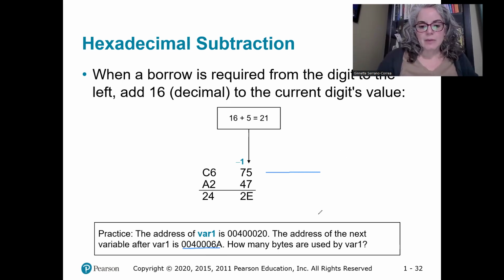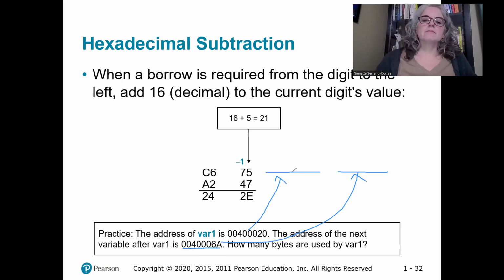So here's what we're going to do. This is the second space. This is the first one. So let's imagine in memory that this is how it looks. So var1 is here, and it's in this address.